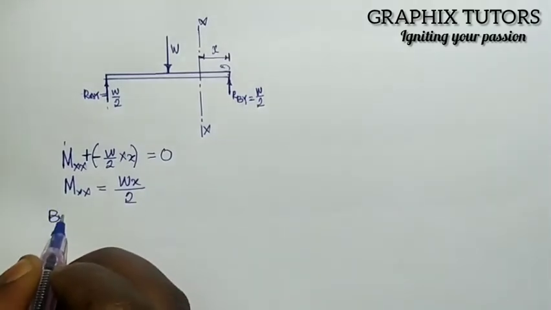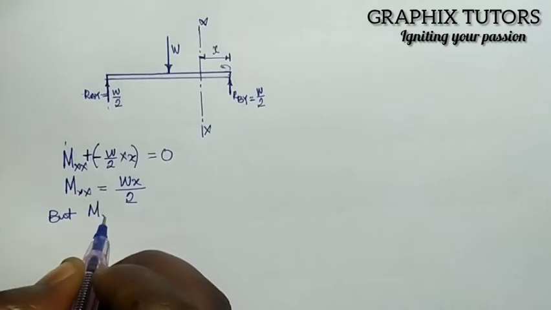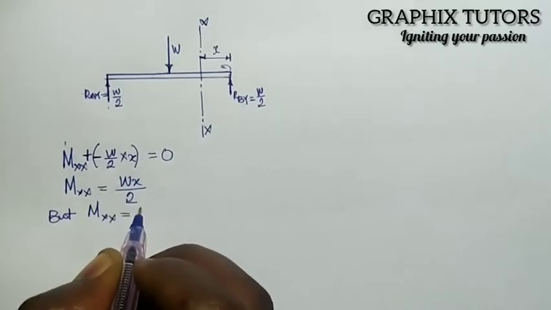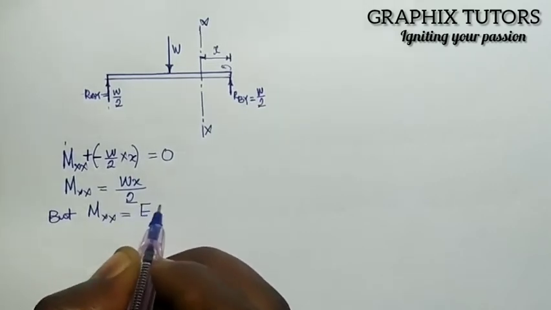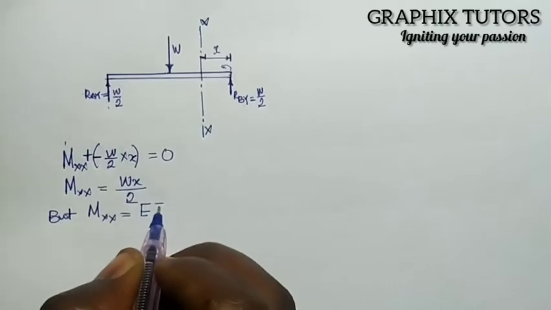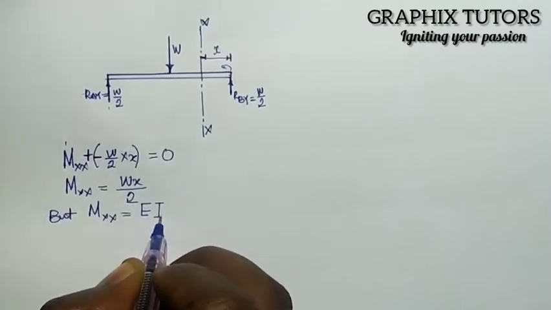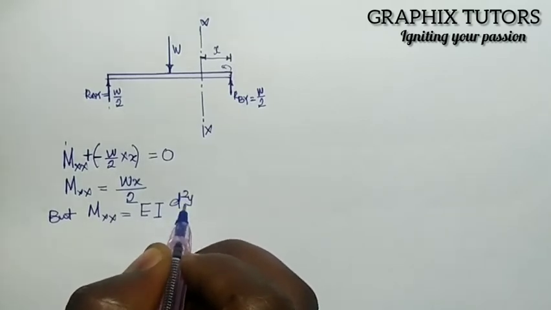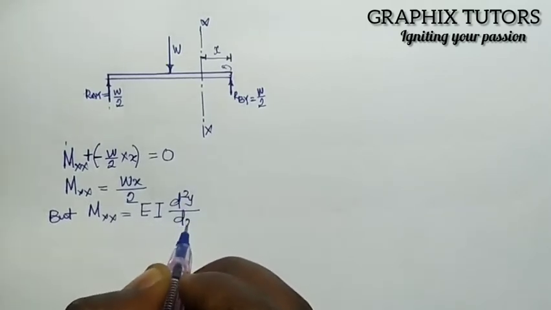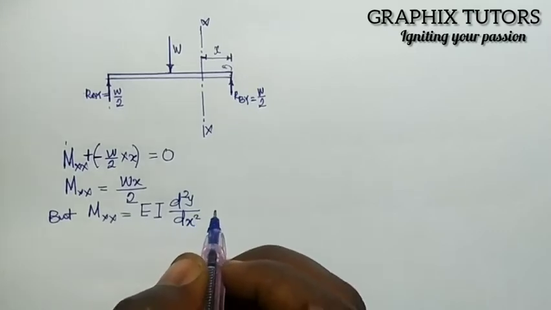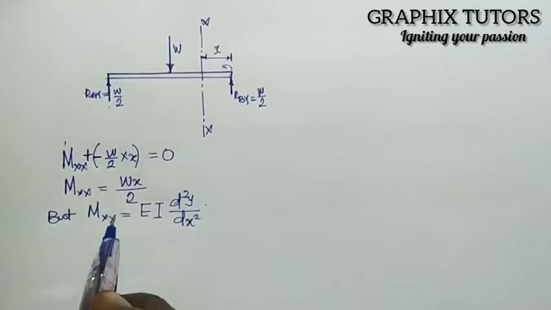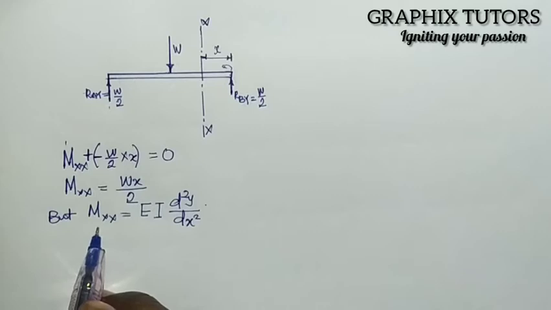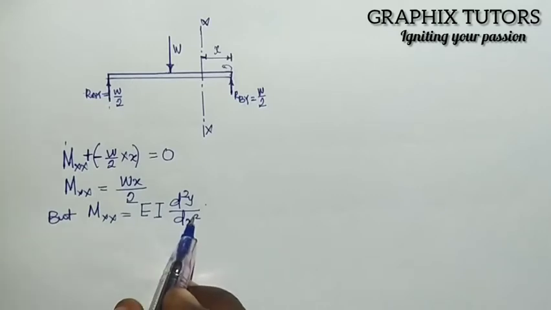But the moment about section XX is equal to the Young's modulus multiplied by I, then d squared y over dx squared. So anywhere I see my M_XX, I will replace it with this.